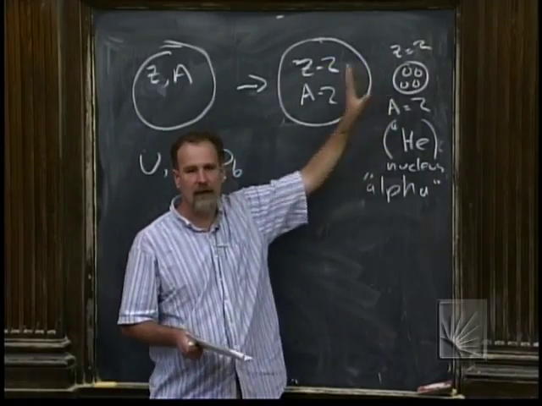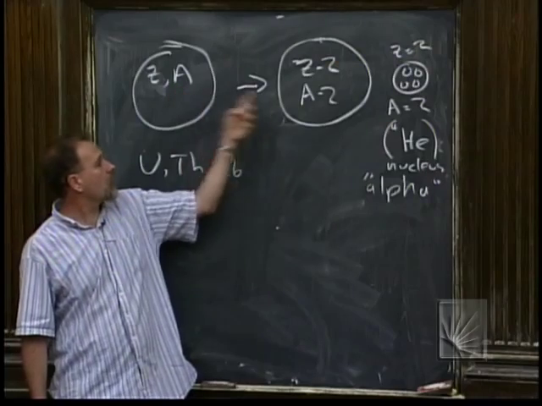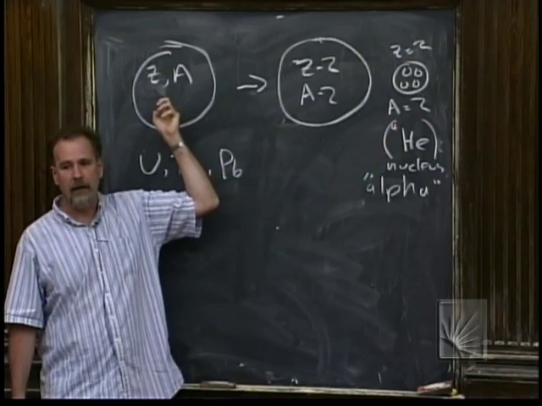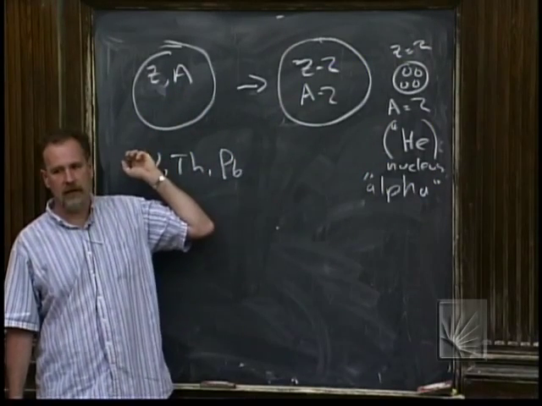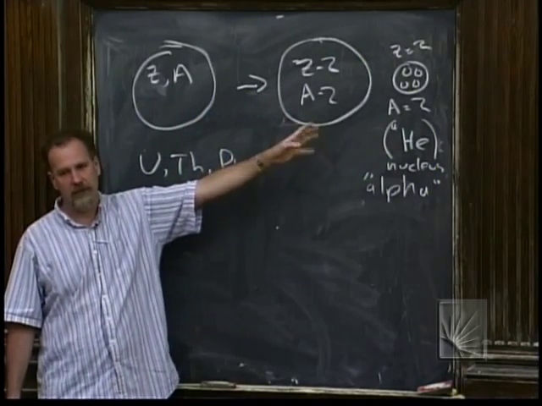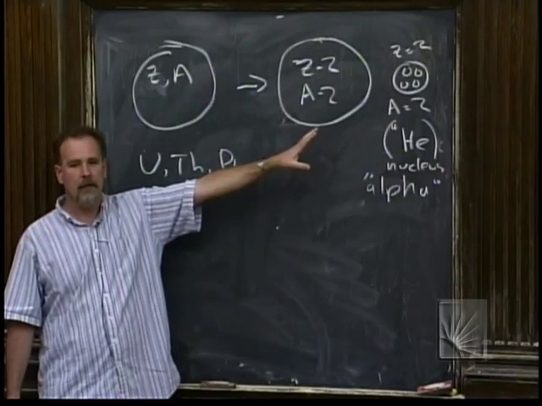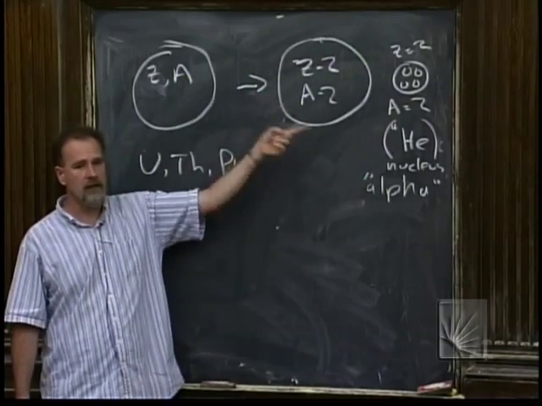So that's the favored thing. Certain types of uranium and thorium can also spontaneously undergo fission, which is how you get nuclear power and nuclear bombs. But even those that do that more readily do this.